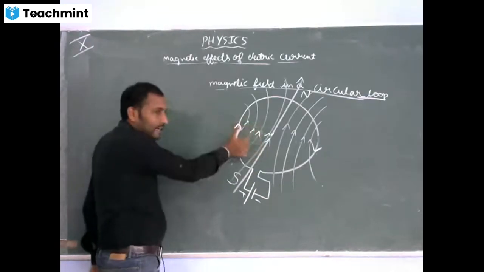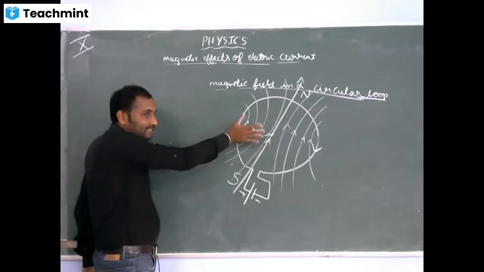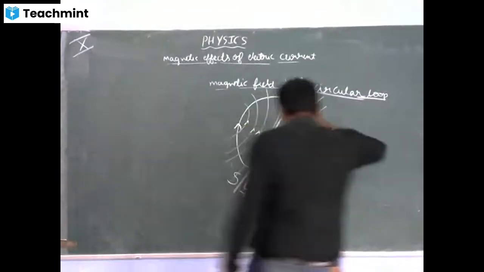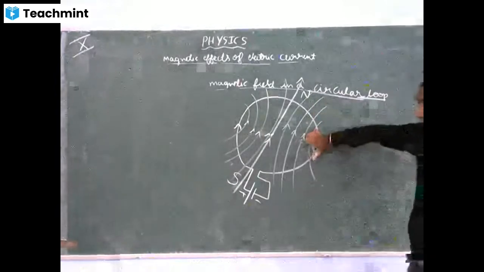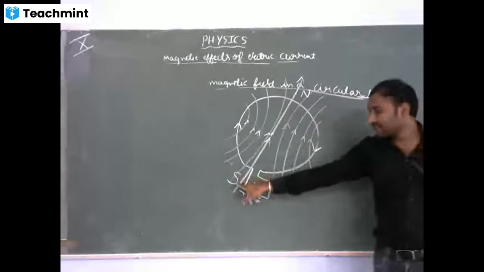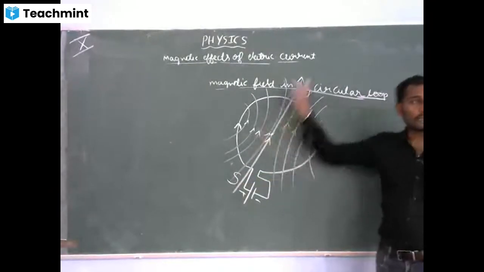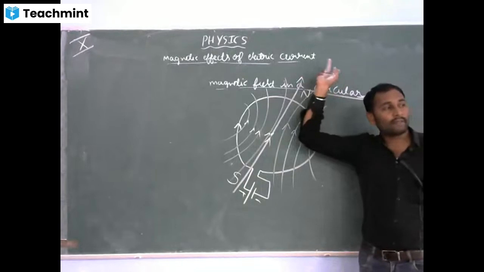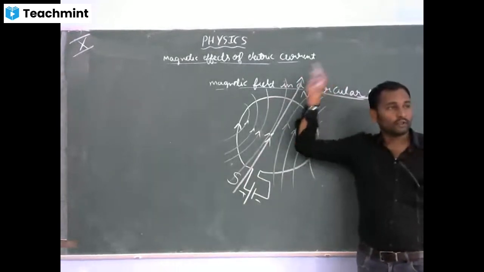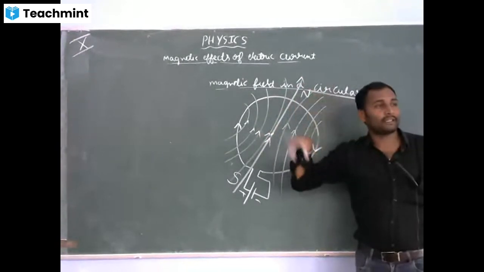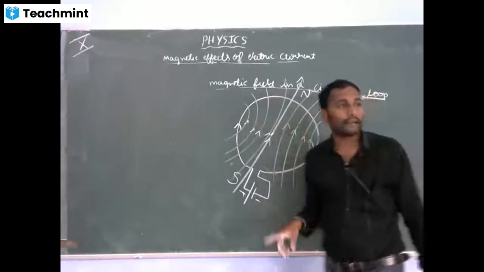This side, as current is going up, the magnetic field lines are merging in the loop, and coming to this side, here also the magnetic field lines are merging in the loop. So as they are merging this side, we consider this side as south. As the magnetic field lines are emerging out from the other end, we name it as north. Clear?